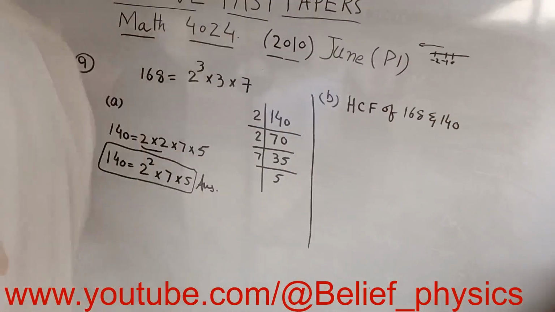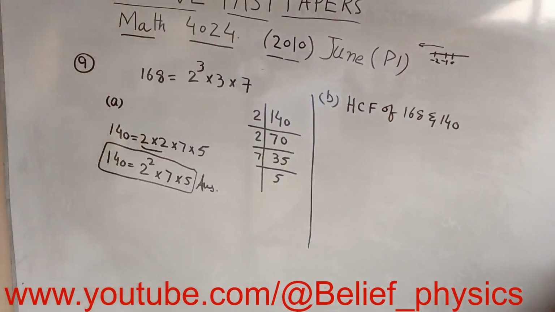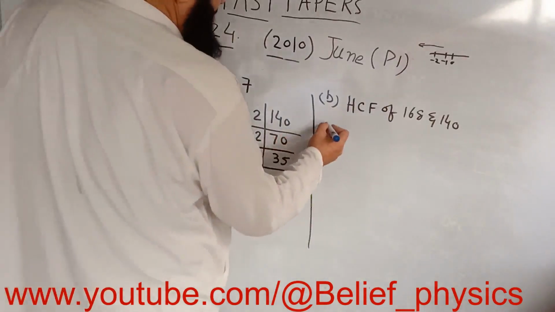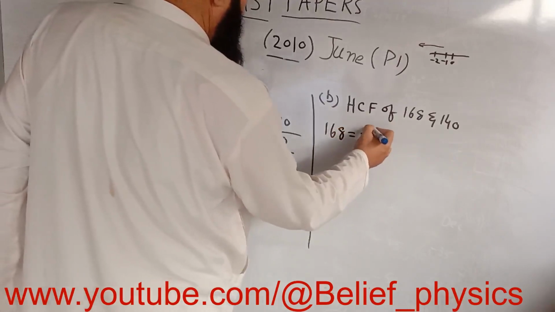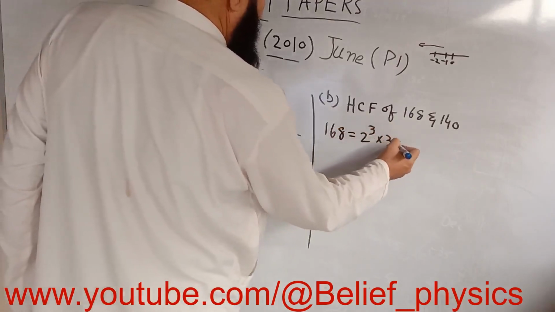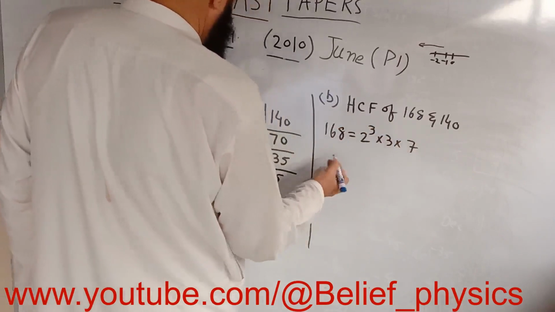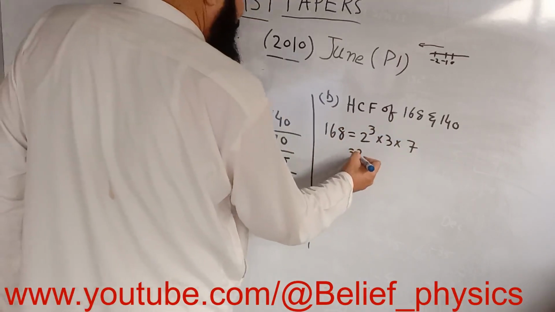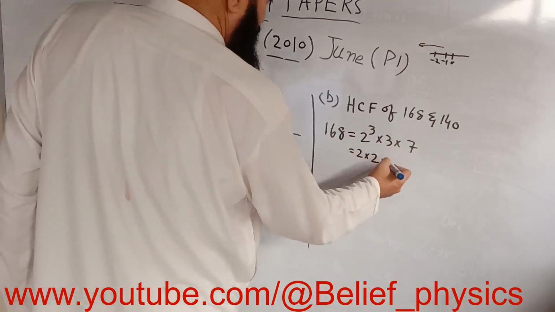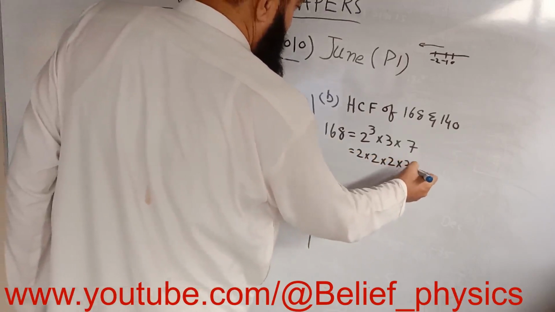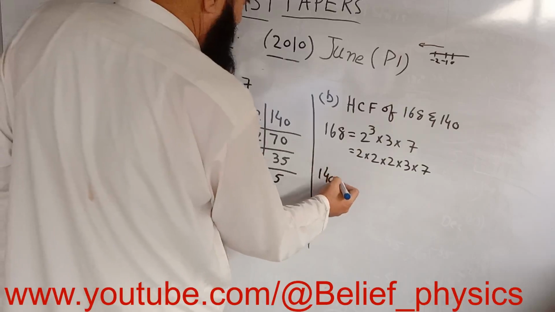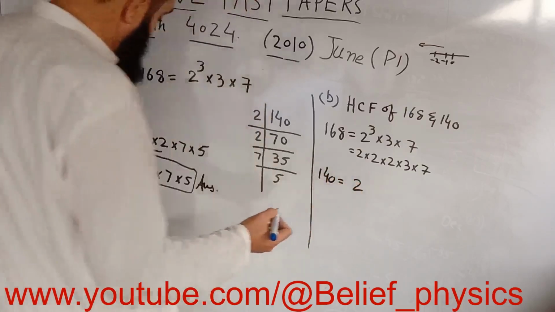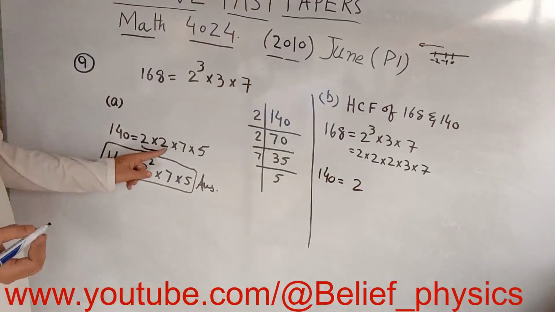We have to find the highest common factor of 168 and 140. We will write it as the product of common factors. 168 is equal to 2 cube into 3 into 7. Or you can write it like 2 into 2 into 2 into 3 into 7. It's up to you. And then 140 is equal to 2 into 2 into 7 into 5.